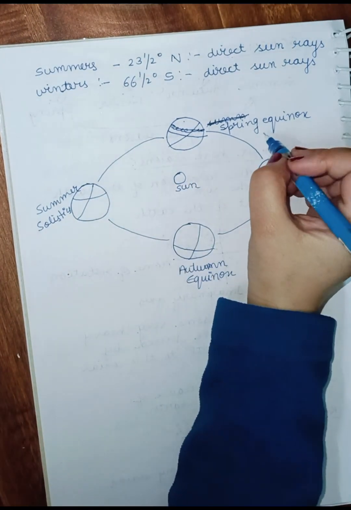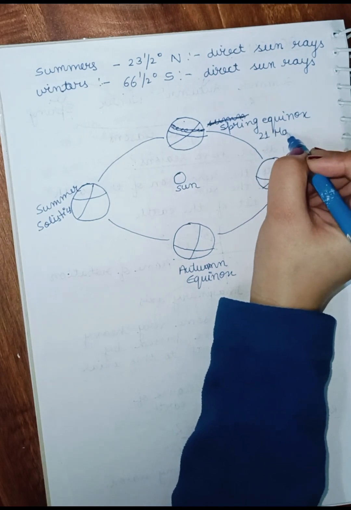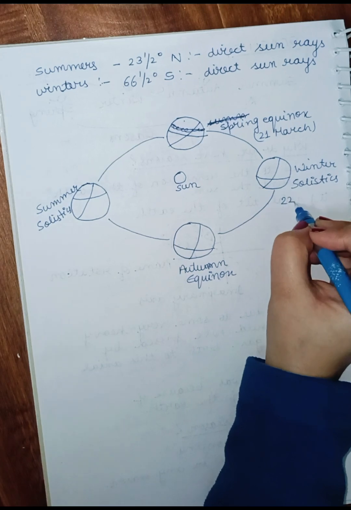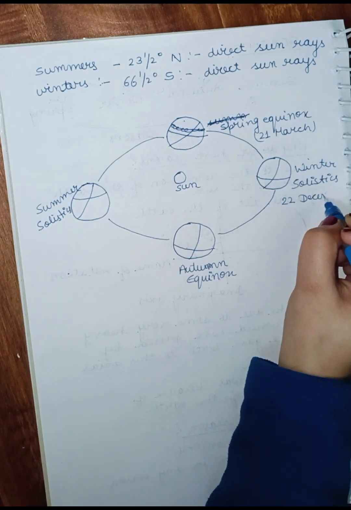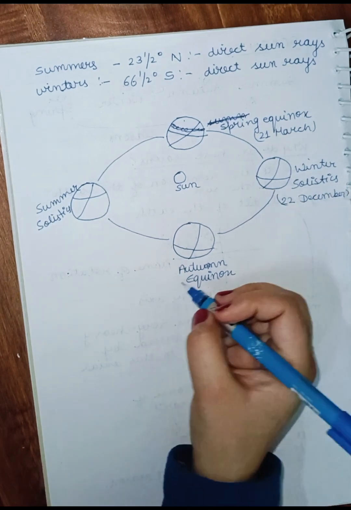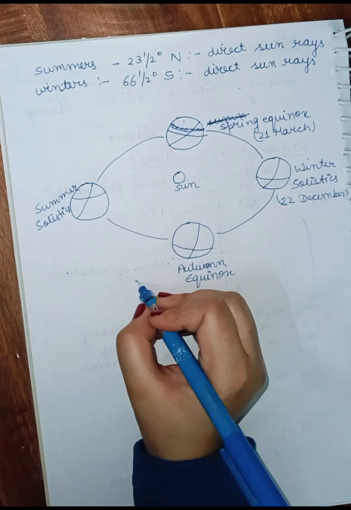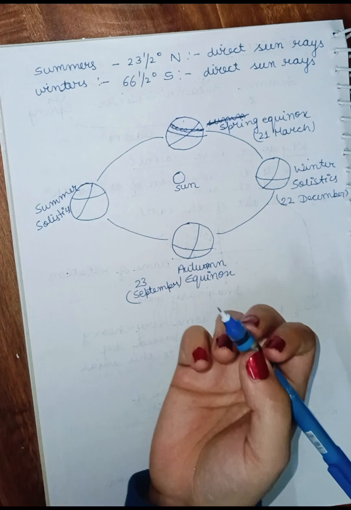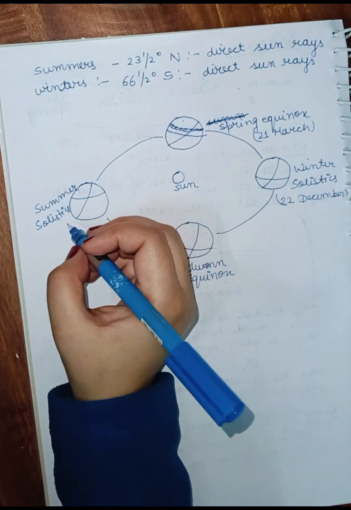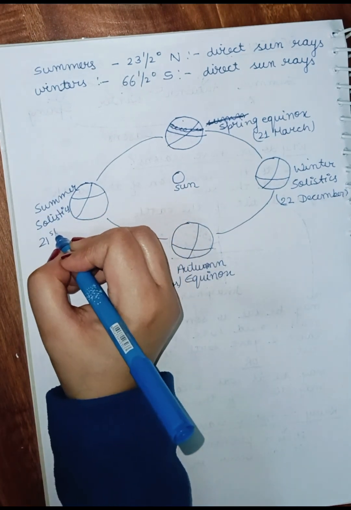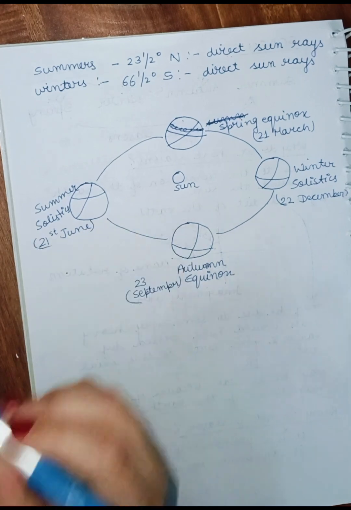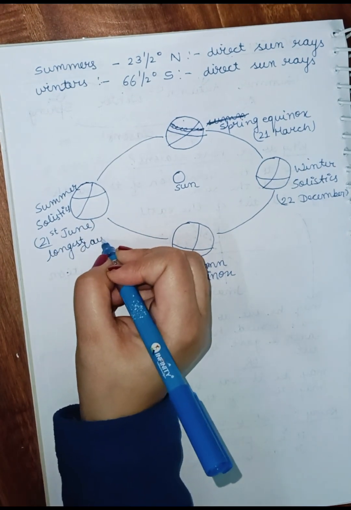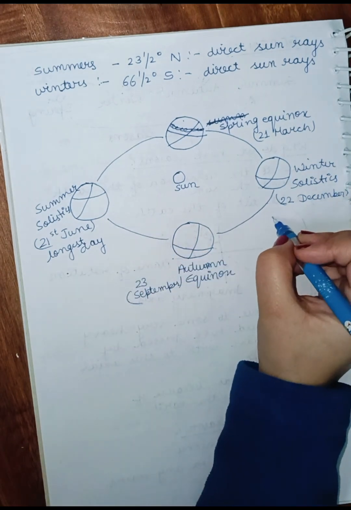Spring equinox occurs on 21st March. Winter solstice occurs on 22nd December. You have to just learn it as it is. Autumn equinox occurs on 23rd September. These are the dates which are fixed. And summer solstice is on 21st June. It is the longest day. And winter solstice is the longest night.